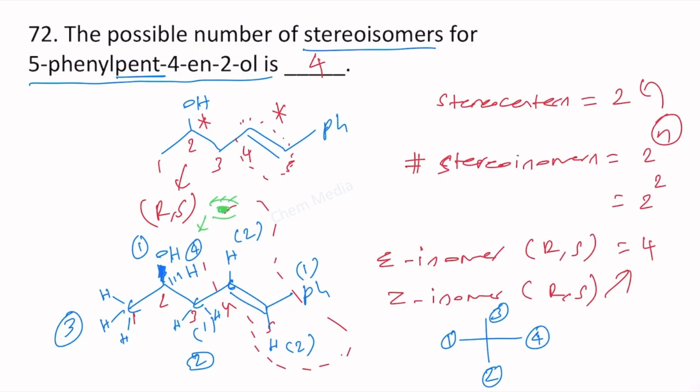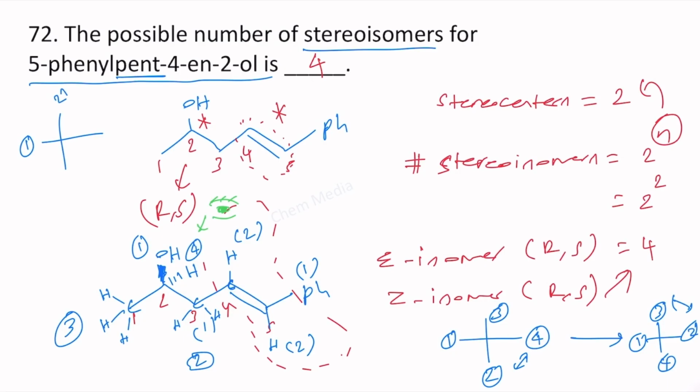We need to bring the least priority group down. Therefore, let us do one swap between these two. If we do that, then 1 here, 4 here, 3 here, 2 here. Let us do another swap, because when we go clockwise or counterclockwise, the numbers have to be in a sequential manner, 1, 2, 3 or 3, 2, 1. It cannot be 1, 3, 2. Therefore, let us do another swap here.